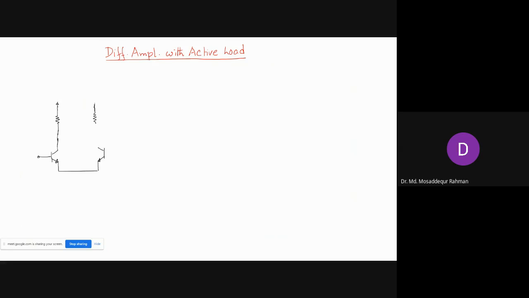Differential amplifier with feedback. Just like in a feedback loop, there is a junction where we need to subtract the output signal from the source signal.